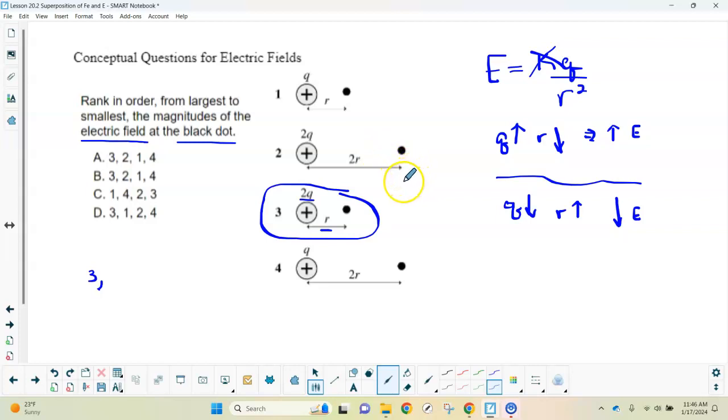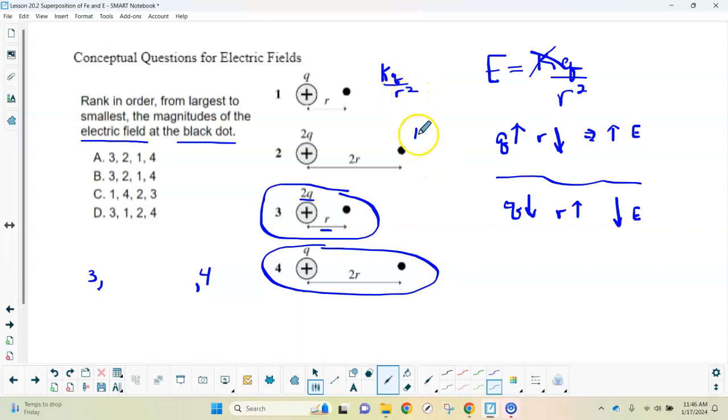Then we would do the one that's smallest. The one that's smallest is going to be 4 because it has the least amount of charge and it's the furthest away. So the other two are the ones that we have to consider a little bit. If I plug in the numbers for this one, it would be kQ over r squared.